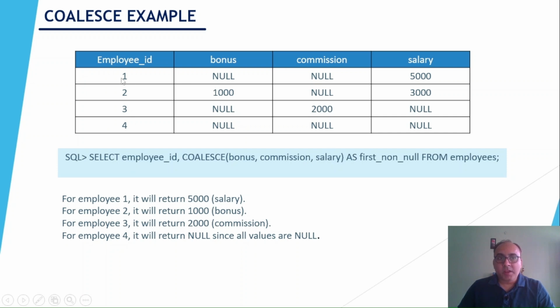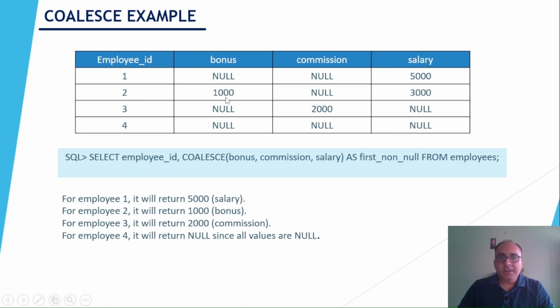Let's look at employee ID 1. In this row, bonus is null, commission is null, but salary is 5,000. So it will simply return the first non-null value, which is 5,000. Now employee ID 2. Here the first non-null value is the bonus, 1,000, so it will not go further to the salary column.